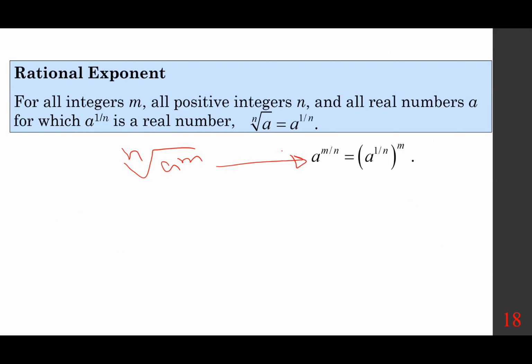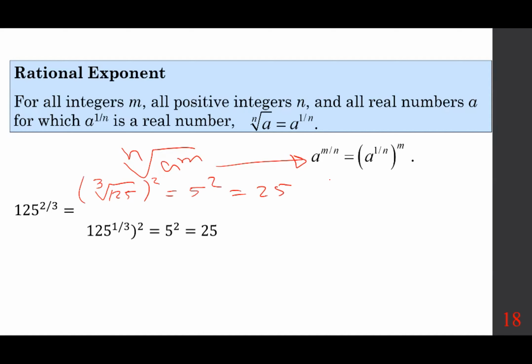The relationship between rational exponents and radicals. So if we have this one, basically if I'm working on this, I'm going to write the cube root of 125 and then square it. The cube root of 125 is 5 and squared it is 25. I wouldn't go through this process, okay?